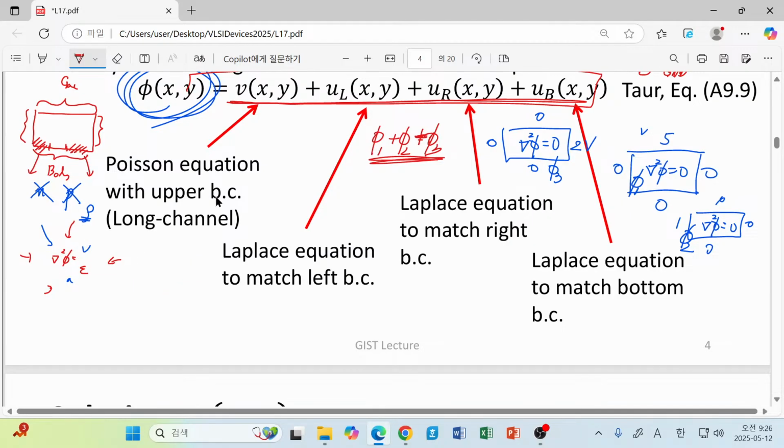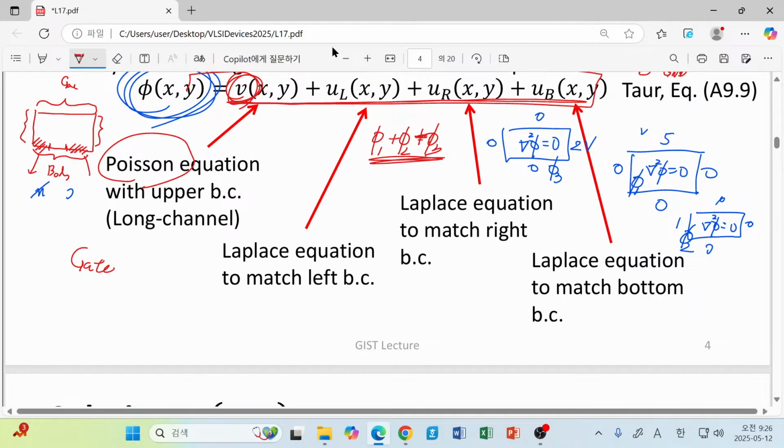In this notation, we just use the alphabet V to denote the solution related with the gate voltage, and in this case, this one takes all. The Poisson equation is solved.